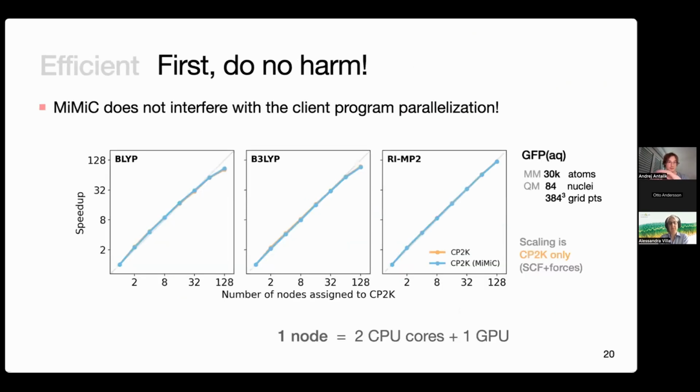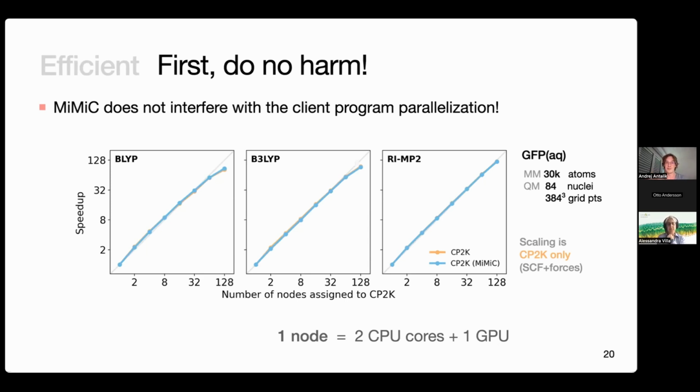Finally, I think MiMiC is efficient, and "do no harm" summarizes its main design principle, meaning that we want these external programs to perform just as well as they would in a standalone simulation. So in these plots, you can see, or better, you can't see 6 different lines because they overlay.